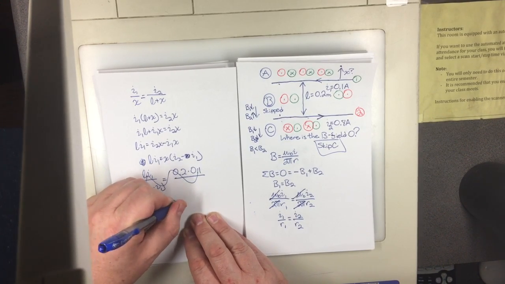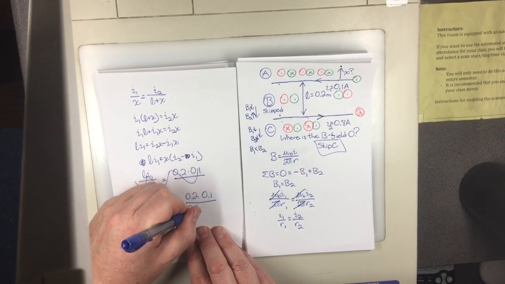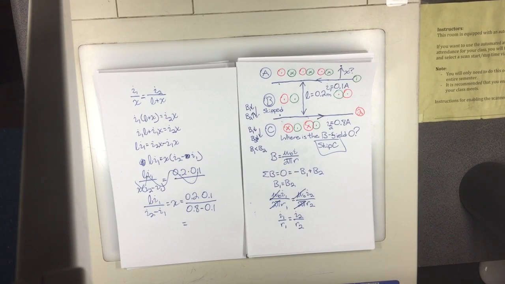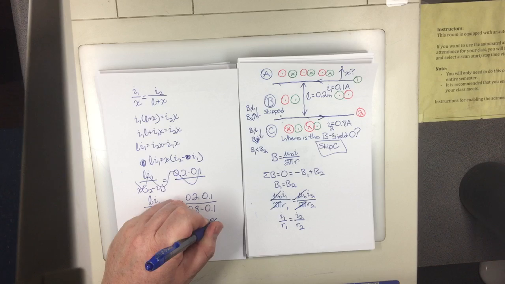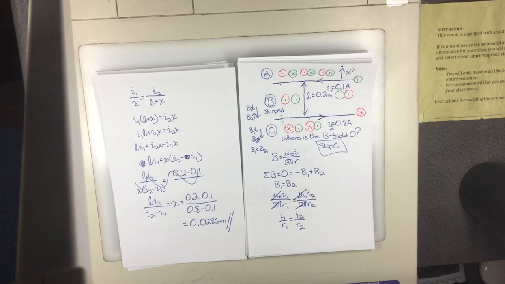So this is what I'm looking for. 0.2, 0.1, over 0.8 minus 0.1. And that gives me an X of 0.0286 meters. So roughly almost 3 centimeters above wire 1, the B field is 0. And that's the answer to the problem.